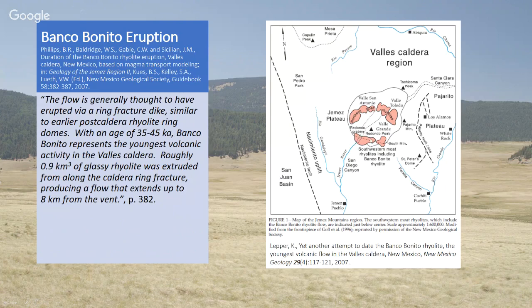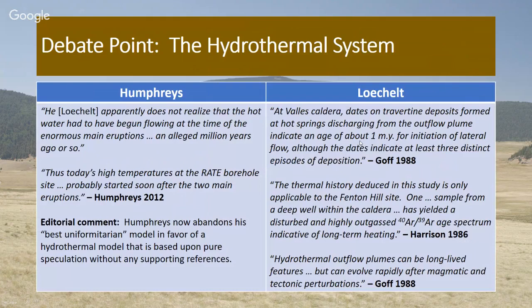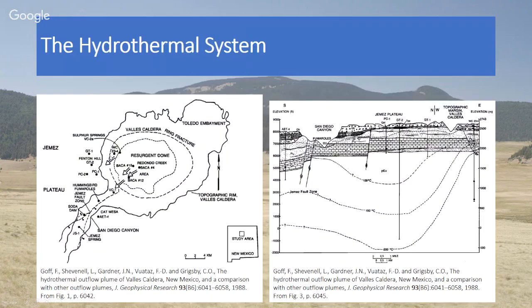So there is a geologic event in the time frame that Harrison, Morgan, and Blackwell said the heating in Fenton Hill occurred. And what's interesting is, unlike the other eruptions here, which were in the upper part of the caldera, this was in the drain. So all that had to happen was for this eruption to disrupt the groundwater flow, thereby creating a secondary branch of the hydrothermal system that would flow in this direction.